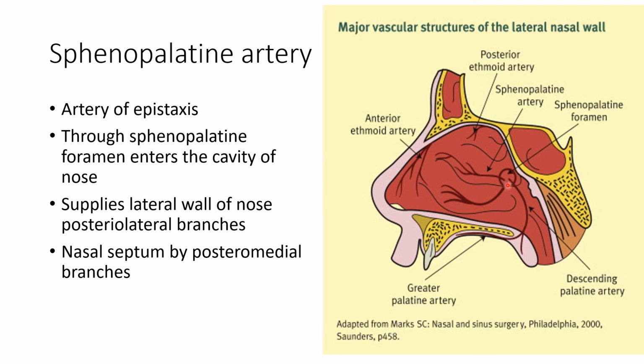The sphenopalatine foramen is an opening in the lateral wall of the nose through which the sphenopalatine artery enters the nasal cavity. So once again, the sphenopalatine artery is the artery of epistaxis, and it is responsible for bleeding from the nose. Okay.